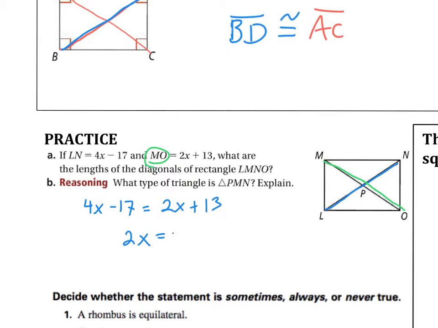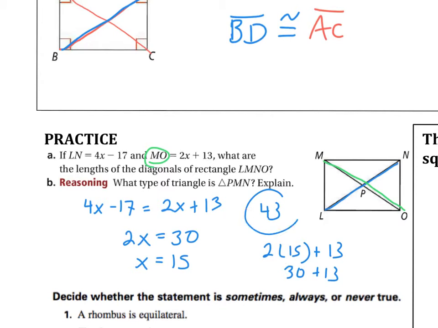So 2x equals 30. x is 15. Remember, this is not my answer. What I need to do is take the 15 and substitute it back into one of them, and it doesn't matter which. If I substitute it into 2x plus 13, then I get 30 plus 13. So my answer ultimately is going to be 43.